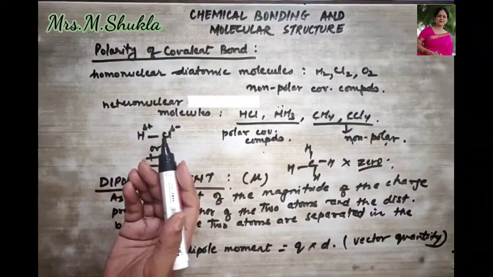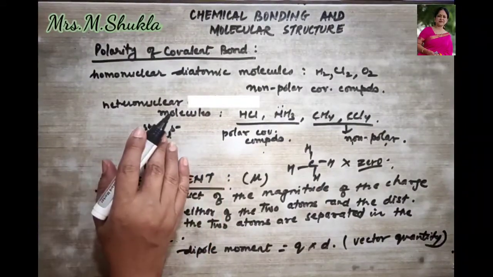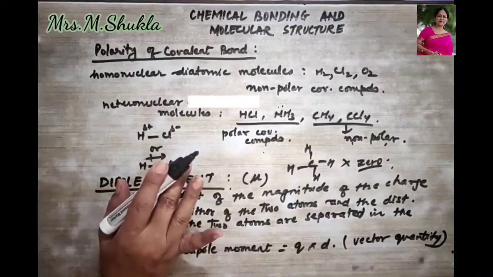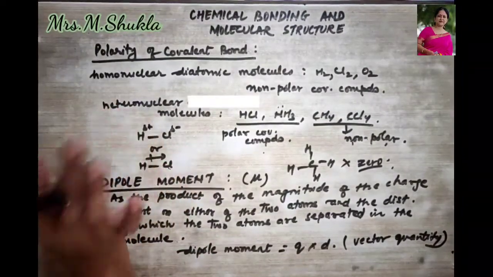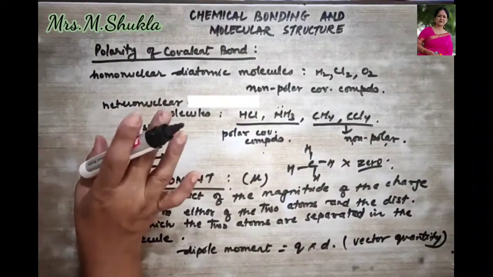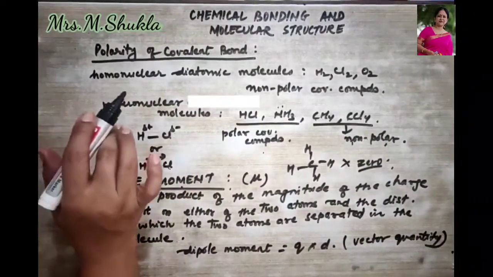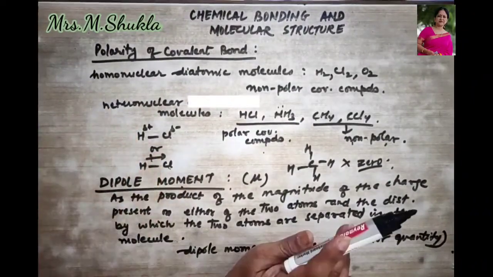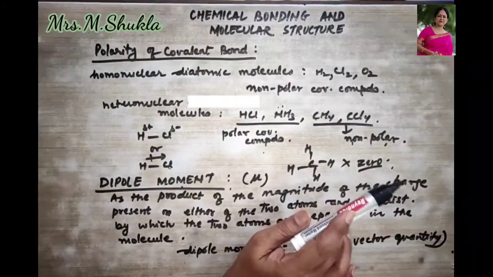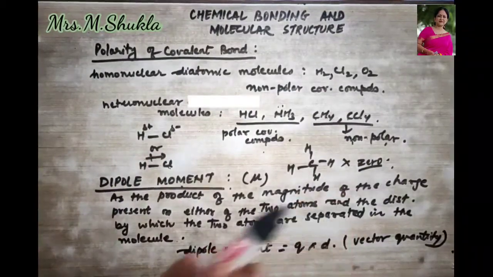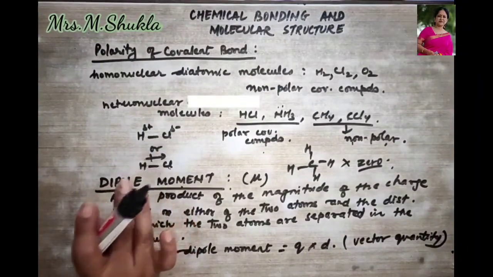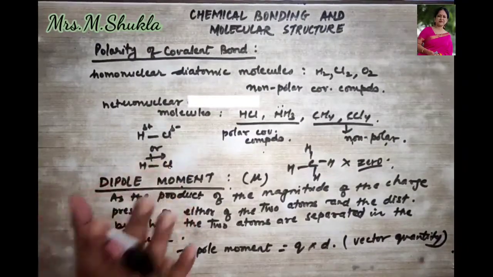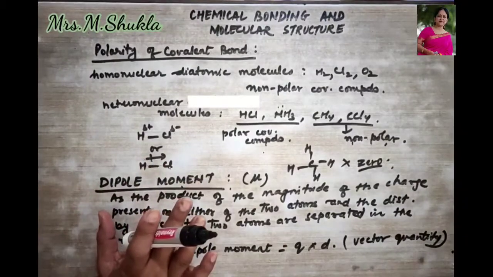Now when it is going to show dipole, when it is not, we are going to understand just now. So what did we understand over here? That the dipole moment concept is not applicable for homoatomic molecules where dipole moment is zero, but it is applicable to heteroatomic molecules where dipole moment is non-zero.